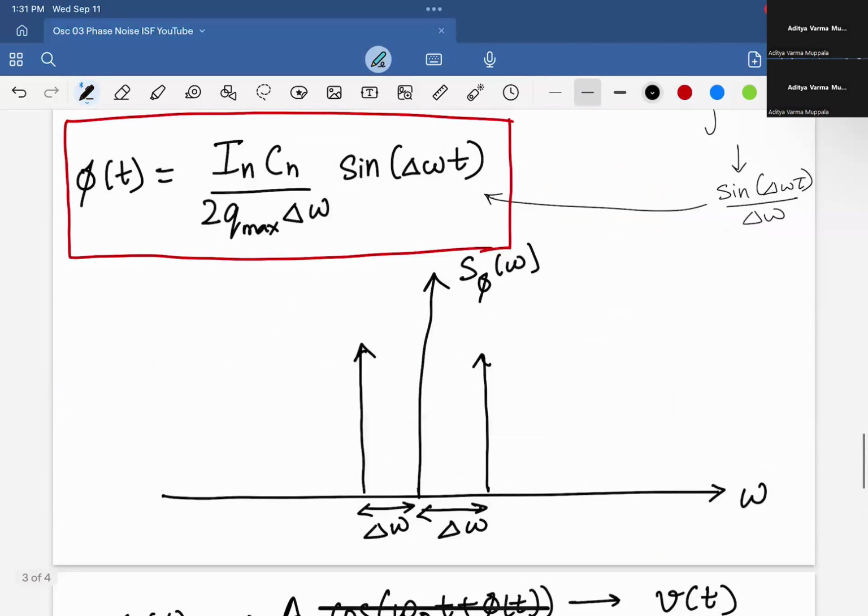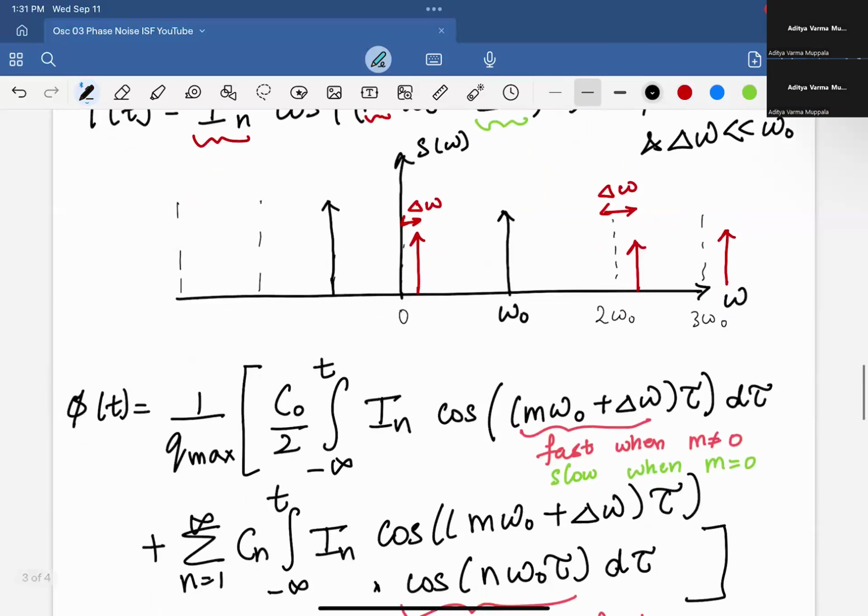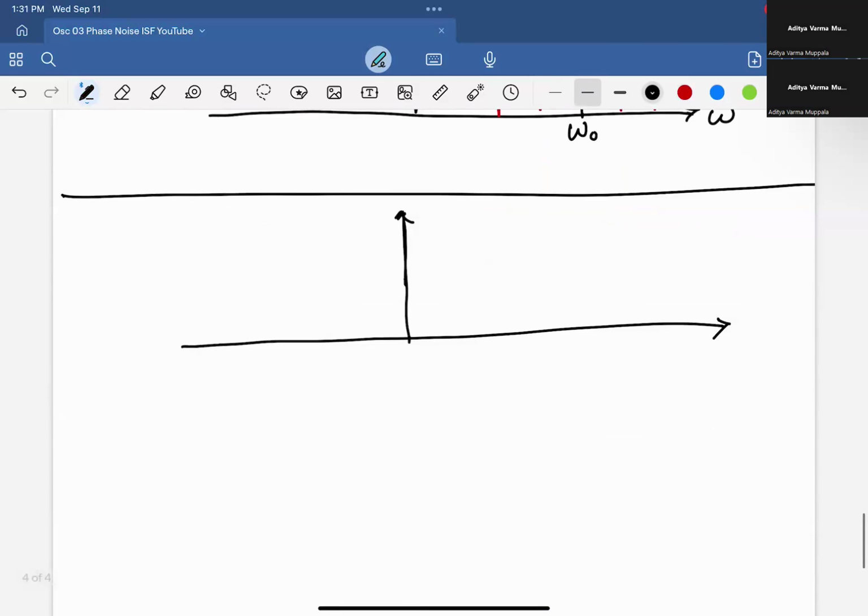So we start from this, right? So we say, okay, if I have, let's say, these are my harmonics, right? And I pick some tone out here. So let me use blue, some tone out here at a separation of delta omega.